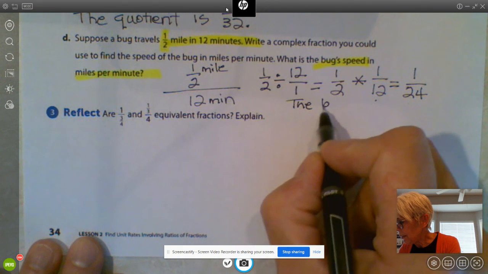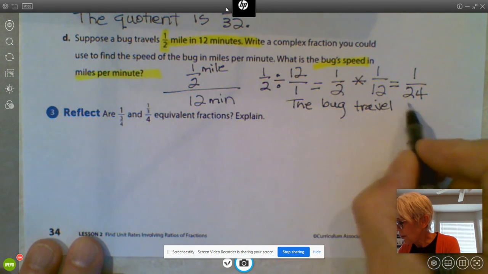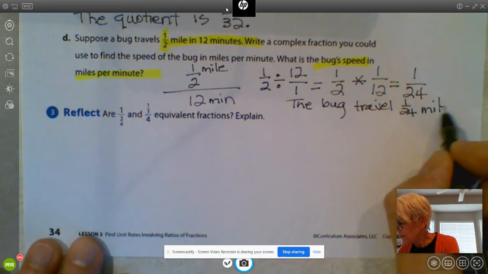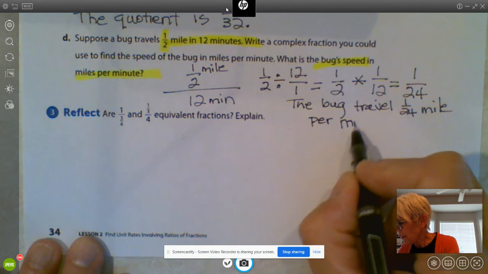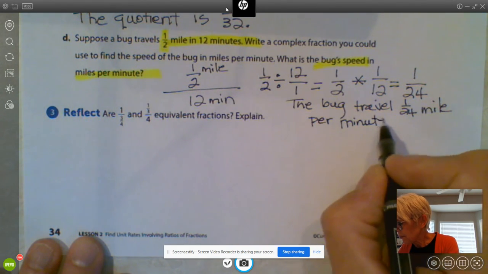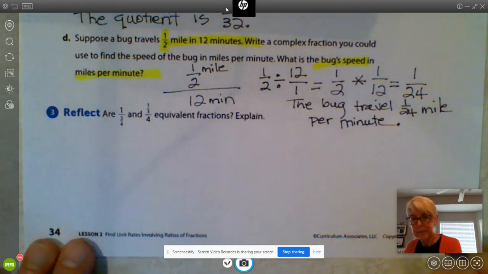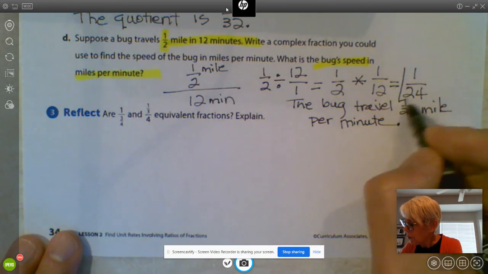The bug travels 1/24 mile per minute. And there's our 1/24 right there.